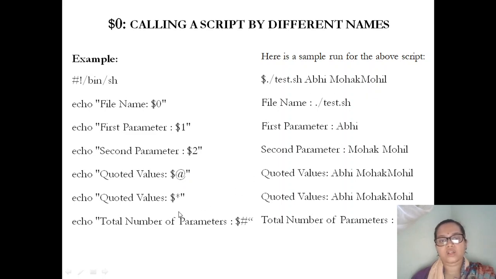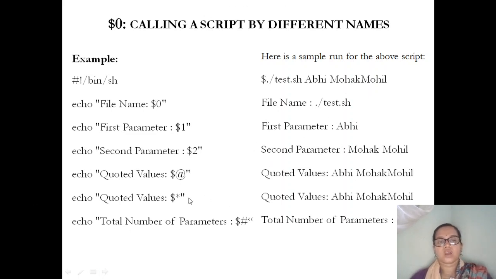After that we will echo the quoted values like $@ with $*, which once again will display the same thing. So these two can be used either way; if you want you can use this one or else this one, and it will post the same output. For the total number of parameters, you can use the $# symbol, which gives you that there are 2 parameters which you have given.